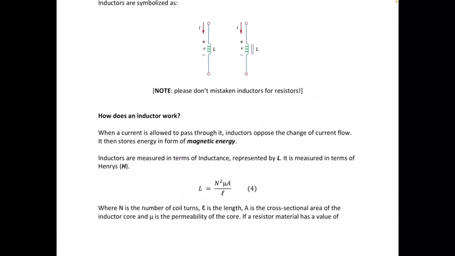So as I previously mentioned, you can make your own inductor by just simply coiling out a wire. And in order to come up with a certain value of inductance, this is the formula. Formula number 4. We have L is equal to N squared times the permeability times the cross-section area of the coil, all of which divided by l, which is the length of the coiled wire, not the length of the wire as a straight wire, but the length when it is coiled.